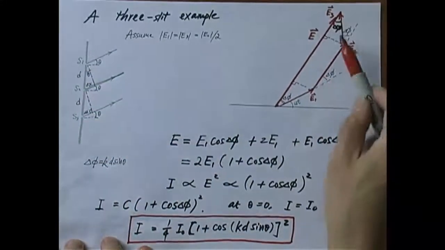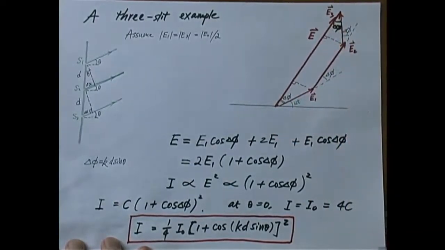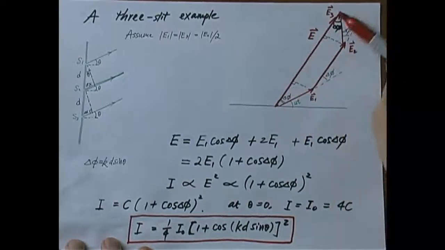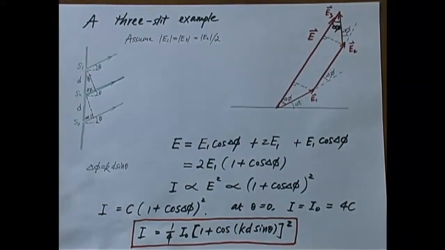So this angle and that angle will be different. It will make the calculation a little bit longer, but the idea is always the same. You still add these three phasors together, except the resultant line is not going to be parallel to E2 anymore. That's all. So with a phasor diagram, you can find an n-slit interference pattern simply by adding all these n phasors together. You can always do that.